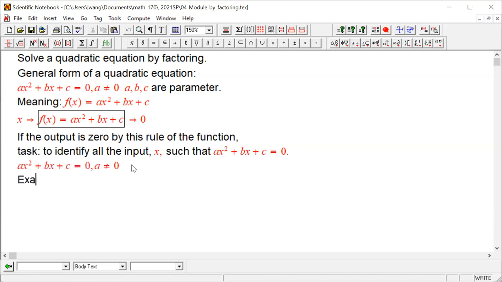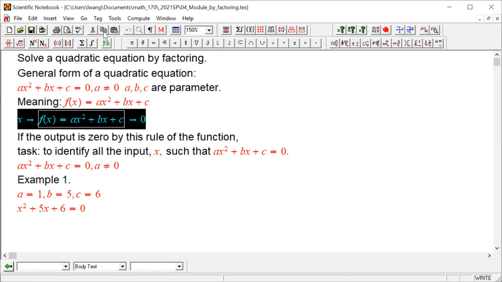Okay, so for example, example number 1. Suppose that I have a equals 1, b equals 5, and c equals 6.